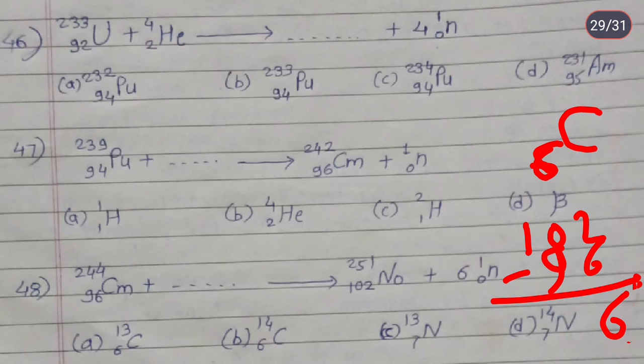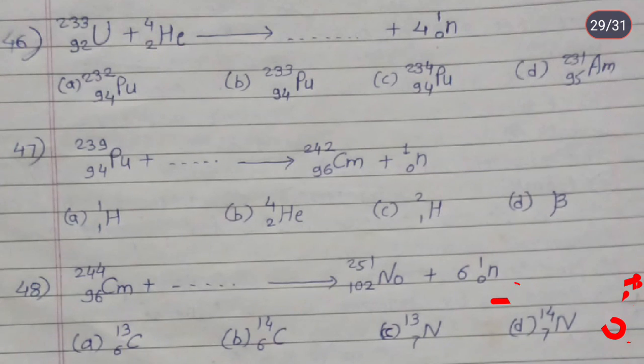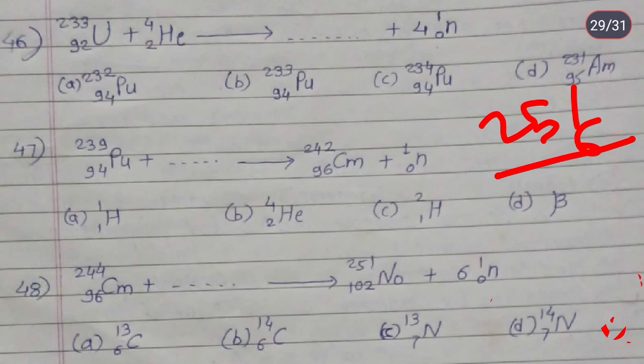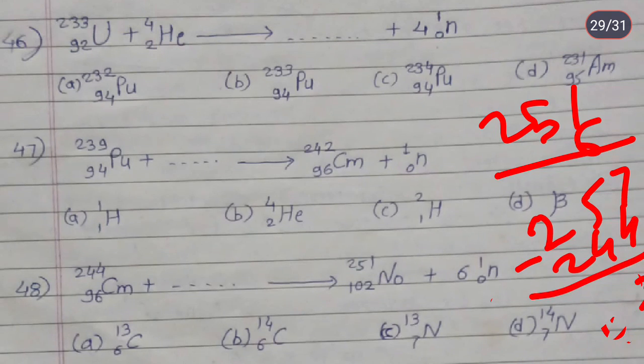So here we also check the mass number. 244 plus, on the right side 251 plus 6, that is 257 minus 244, that is 13. Means option A is correct, that is carbon 6-13.